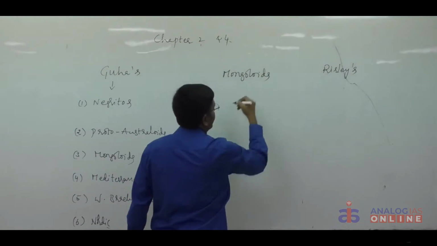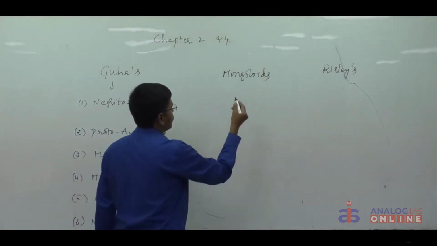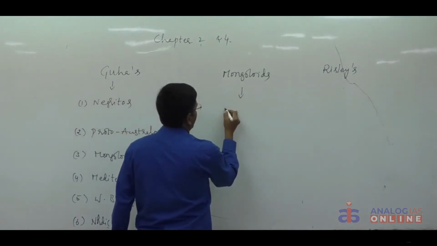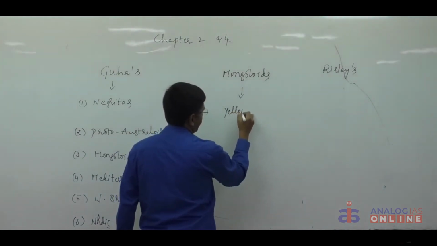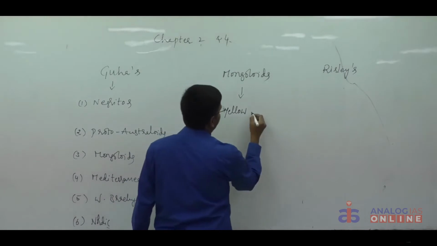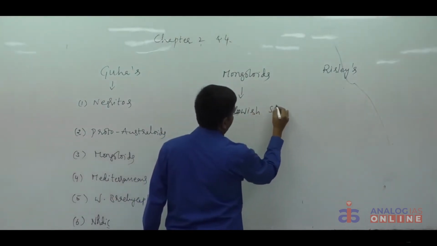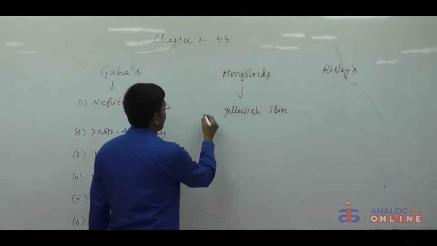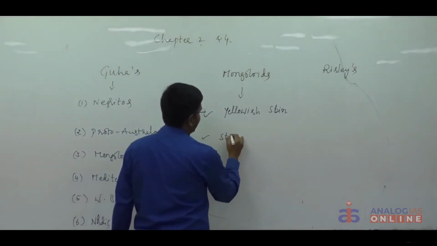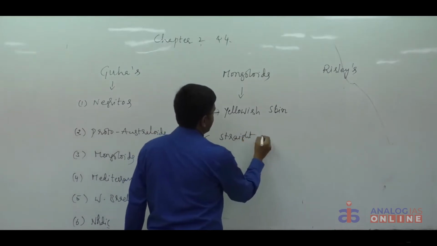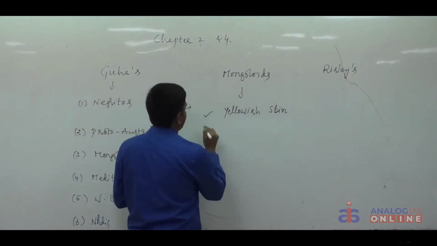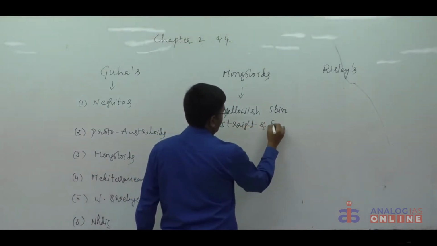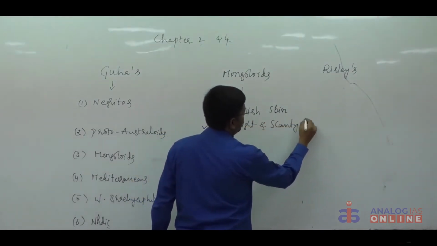Here, with respect to Mongoloids, they have certain general characteristics. They have yellowish skin or yellowish tinge in the skin, or yellowish green. After that, straight and scanty hair over the body.